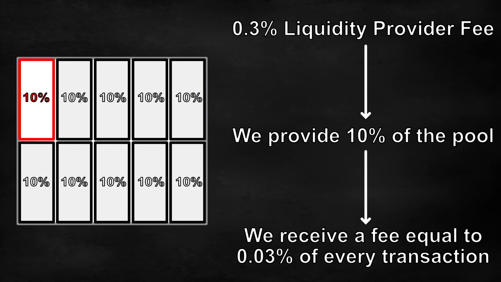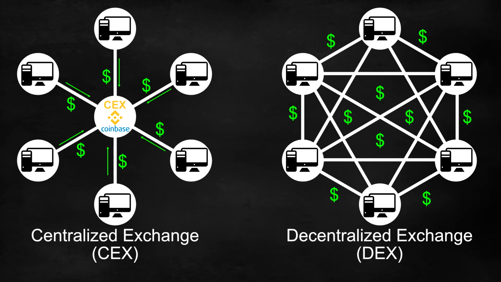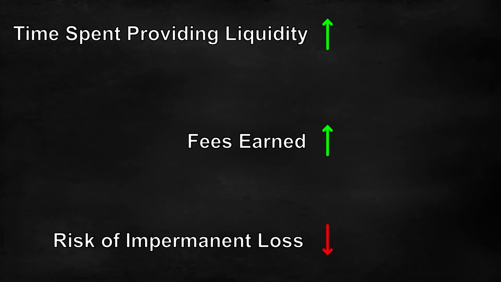So you would get 0.03% of every transaction as a reward for providing 10% of the liquidity. In a traditional centralized exchange, the fees are earned just by the exchange, whereas in a decentralized exchange, the fees are shared across all of the liquidity providers, meaning that it is a far more fair distribution of wealth.